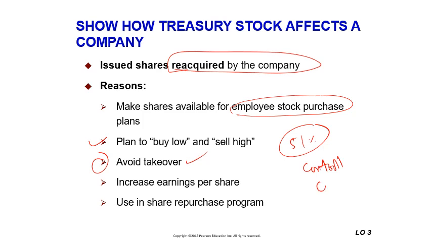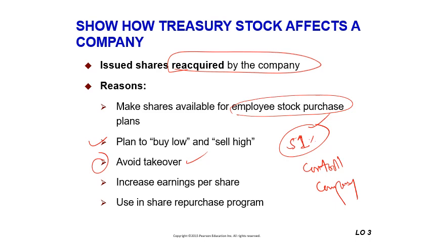So whoever controls 51% can change the management as well. They can say, I want this company to sell to that company, or I want this company to remove the CEO, or don't declare the dividend. By purchasing the shares through the open stock exchange, you can become the owner of the company.